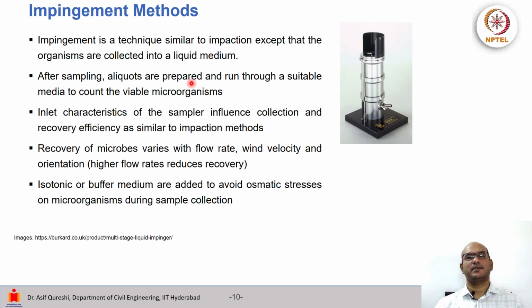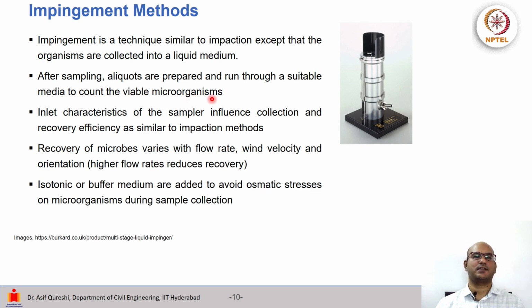So impingement is a technique similar to impaction, except that the organisms are collected into a liquid medium. This is a multi-stage liquid impinger. After sampling, the aliquots are prepared and run through a suitable media to count the viable microorganisms.